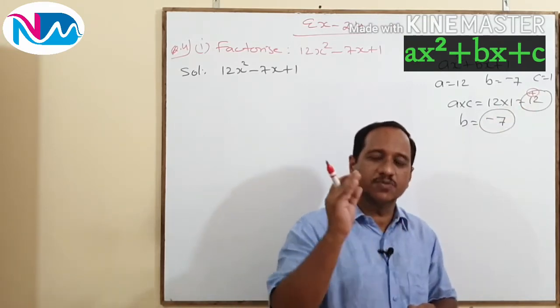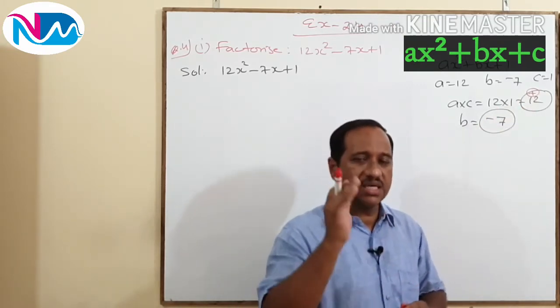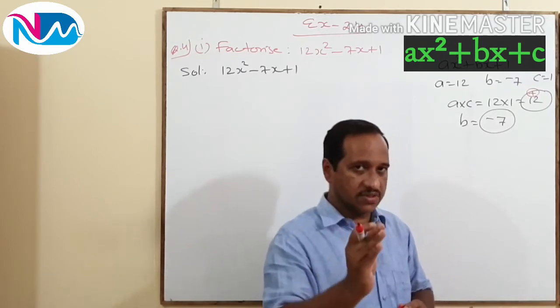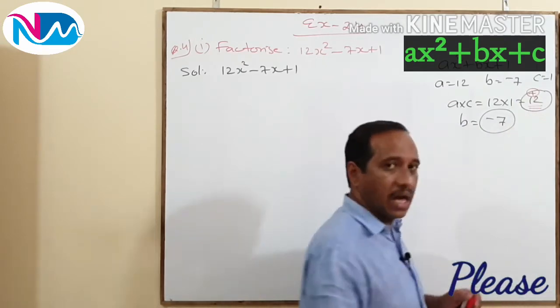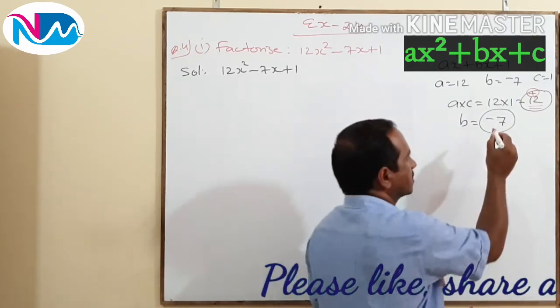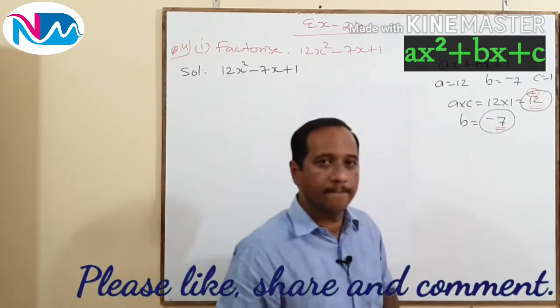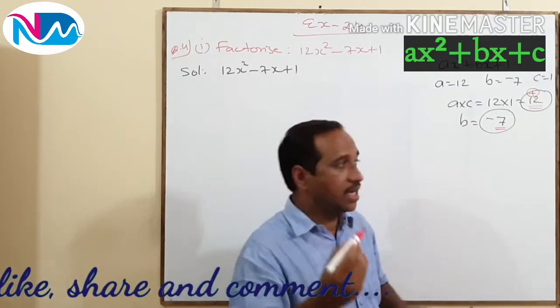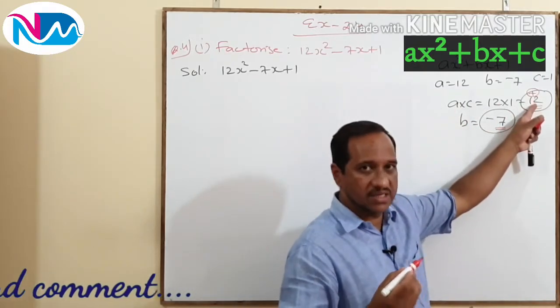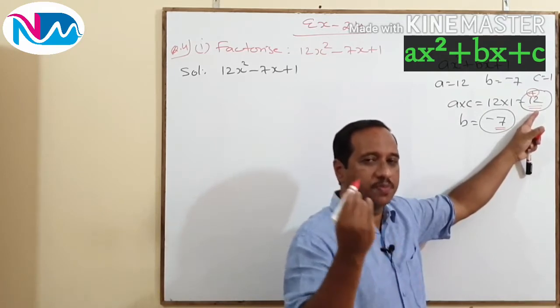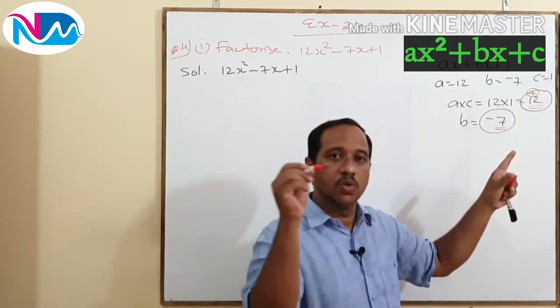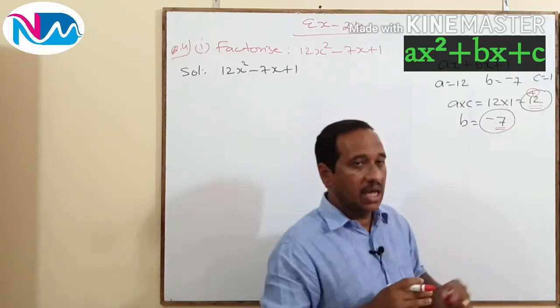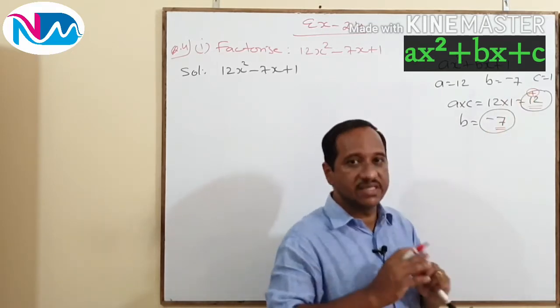So we have to split the middle term as the sum of two numbers whose product is 12 and sum is 7. I repeat, here a into c is equal to plus 12, so we split the middle term as the sum of two numbers whose product is 12 and the sum is 7.